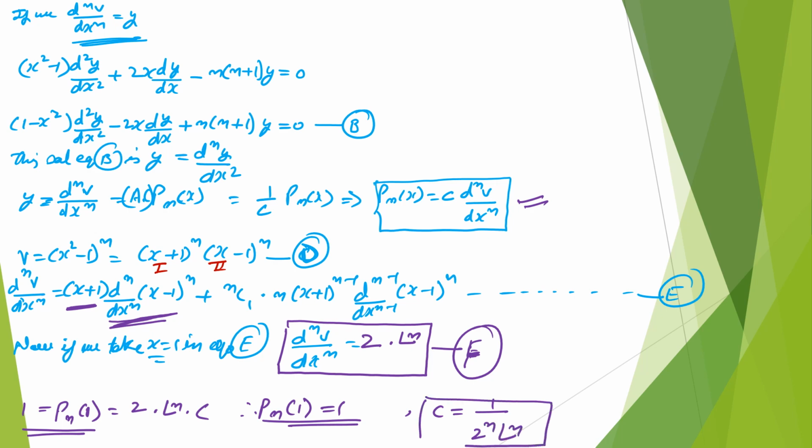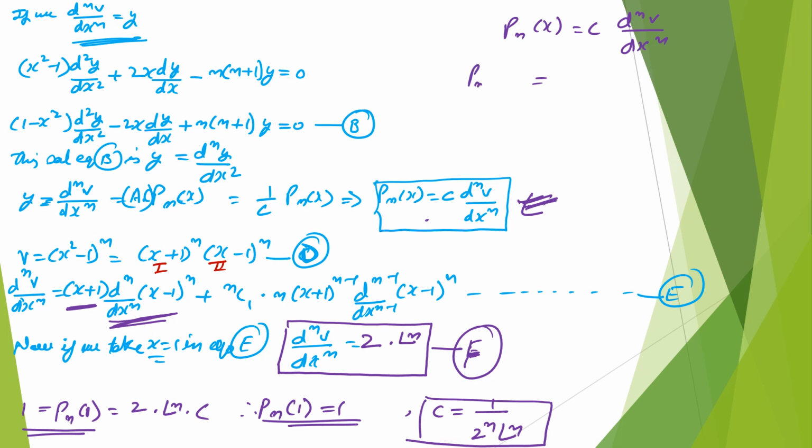We have the value of C, we have this main equation, and substitute this value over here, we get P_n(x) is equal to C into d^n v over dx^n. Now we substitute the value of C as well as v.